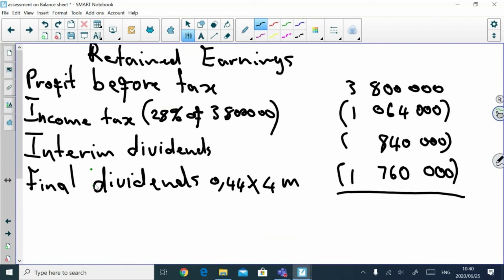So now we'll calculate 3,800,000 minus 1,064,000 minus 840,000 minus 1,760,000. Okay, there we go.